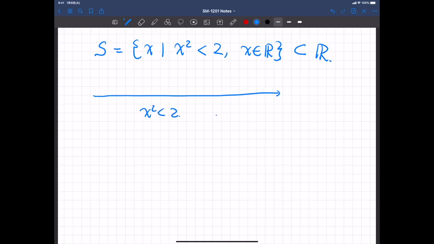So that means x is between negative square root of 2 and square root of 2. So if this is 0, this is negative square root of 2, and this is positive square root of 2, then this subset represents something like this open interval.